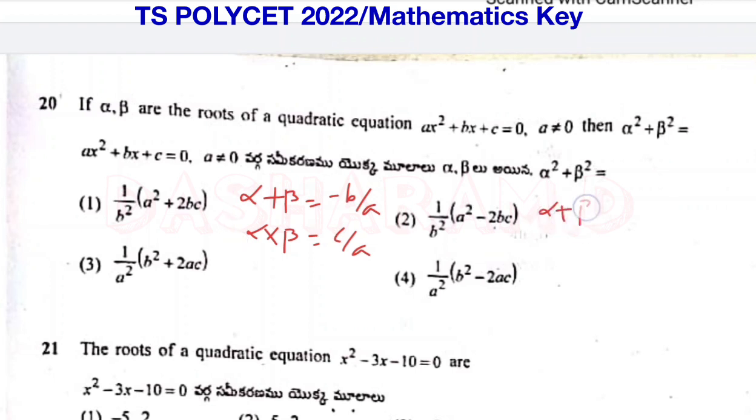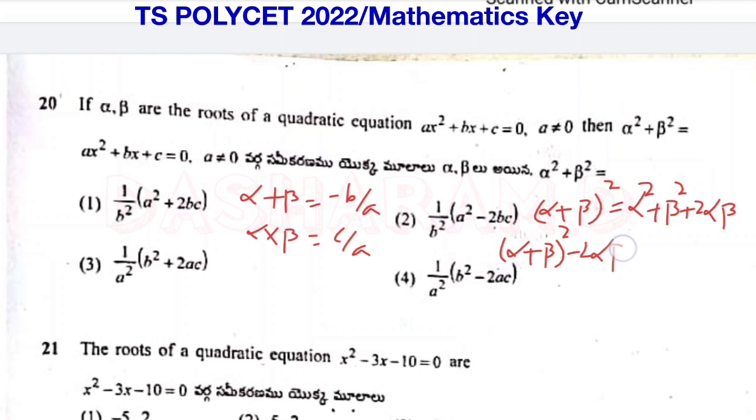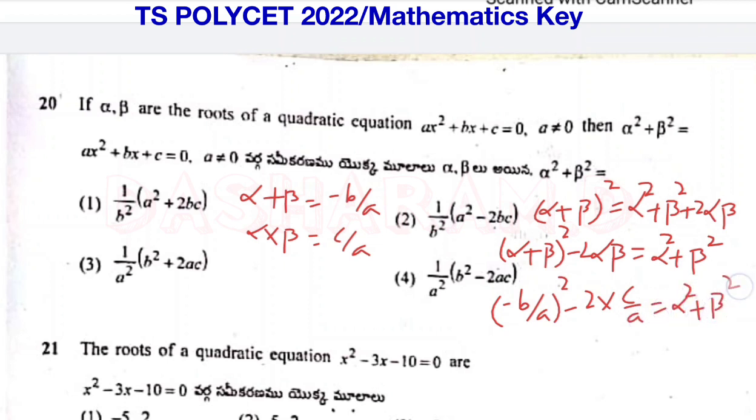So first I am going to take the alpha plus beta whole square formula, that is alpha square plus beta square plus 2 alpha beta. So from this, alpha plus beta whole square minus 2 alpha beta equals alpha square plus beta square. Now substitute the values. Alpha plus beta value minus b by a, and 2 into alpha beta value c by a, it is equals to alpha square plus beta square.